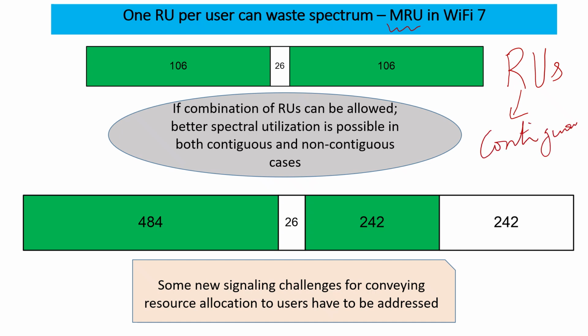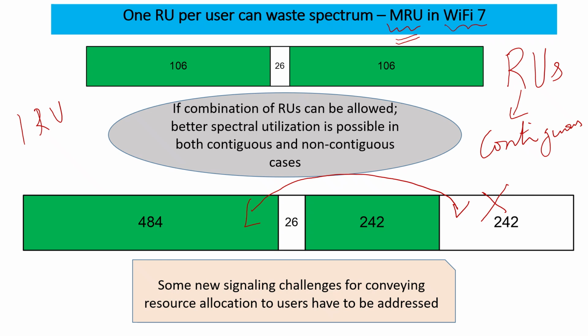But now the MRUs, seeing a real life problem where only one RU was allocatable to a user in Wi-Fi 6, they said, why not allow multiple RUs, simply because that will help us avoid situations where something went blank or unused. So a combination of more than one RU is possible in Wi-Fi 7, and that is why it's called multiple RU or MRU.